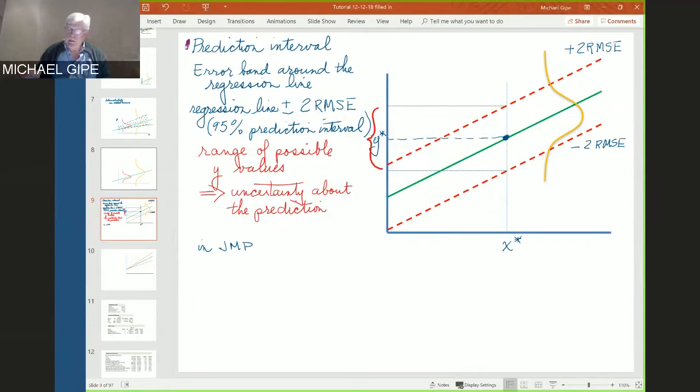And if you were to look at it along the regression line, you would see a normal distribution of possibilities, where this is the regression line, and our possible range of values is plus 2 RMSE above that and minus 2 RMSE below that.